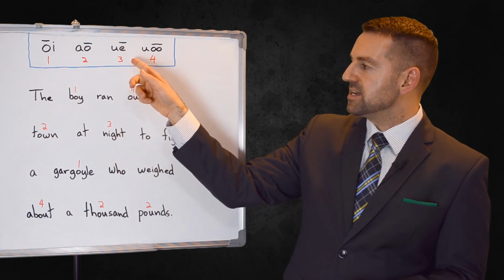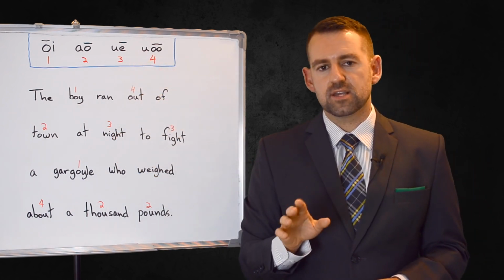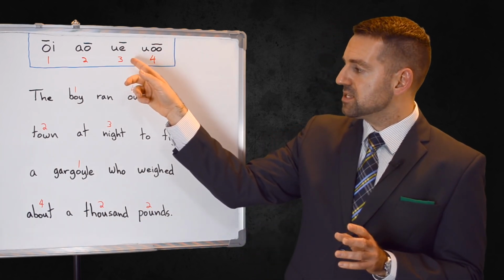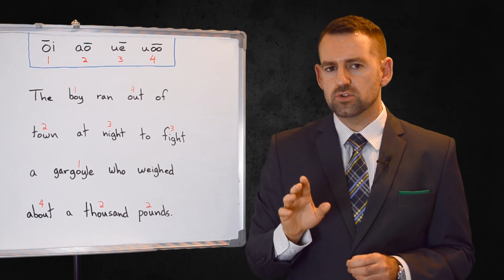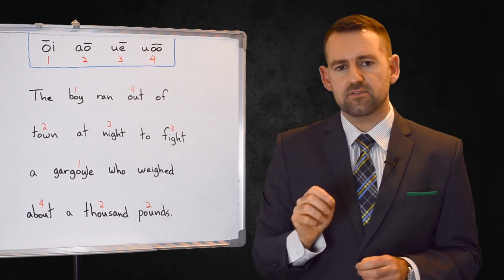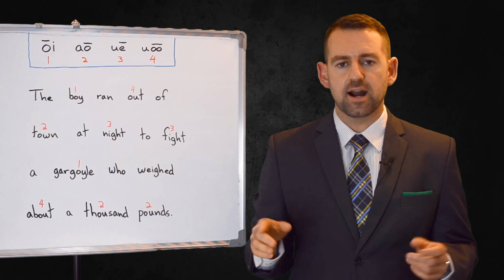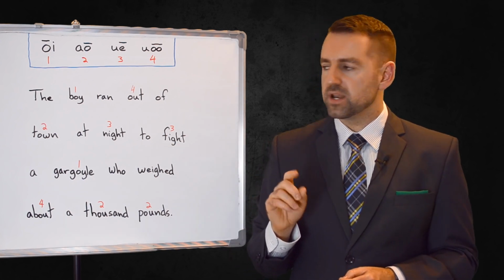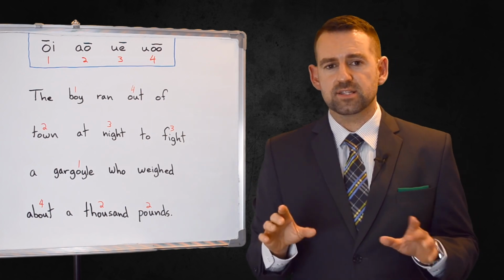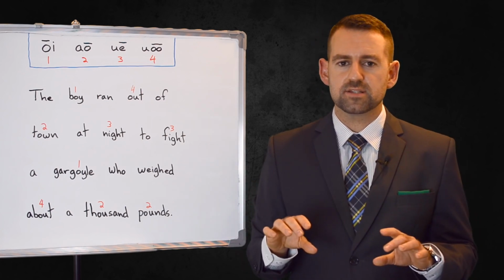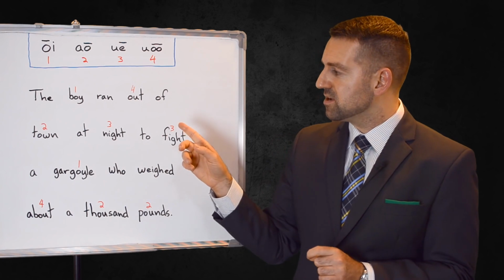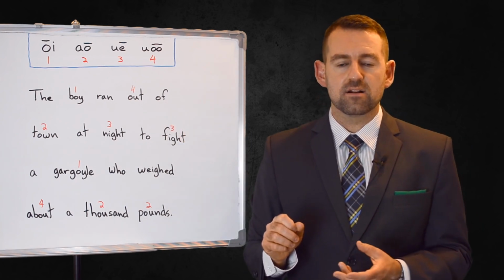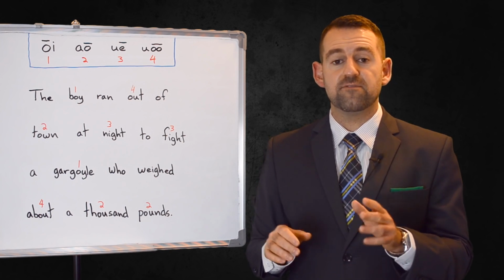becomes I. Now, Canadians do this, and most Americans do this in place of the long I, which I taught you a few lessons ago. But some Americans in the southern part of the United States, they don't use this sound. They would say, for example, fire, for a fire.